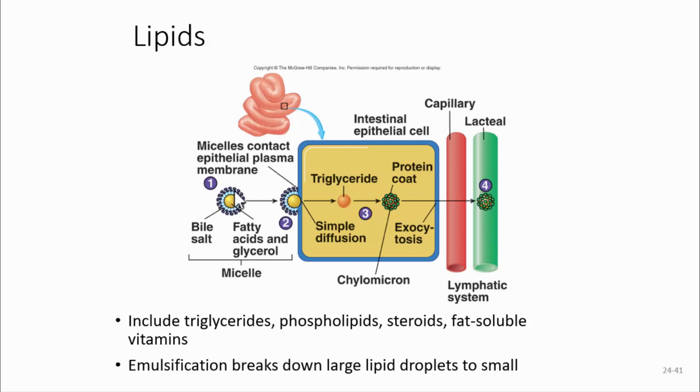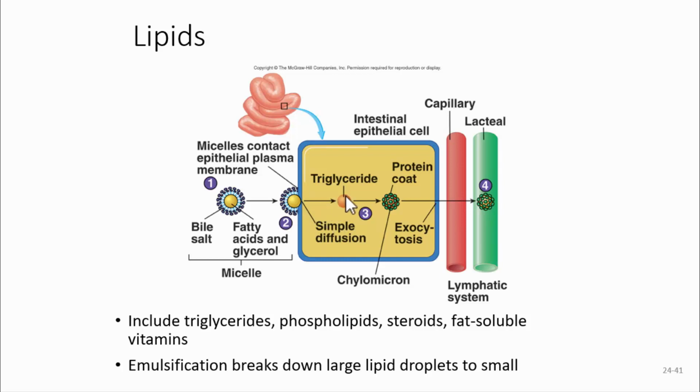So from here, it's going to contact the epithelial plasma membrane, and because your cell membrane is a phospholipid bilayer, it can fuse to it and then allow, by simple diffusion, this fatty acid to pass through the cell membrane. Okay. Hopefully I didn't say cell wall earlier. We're not plants, but through the cell membrane.